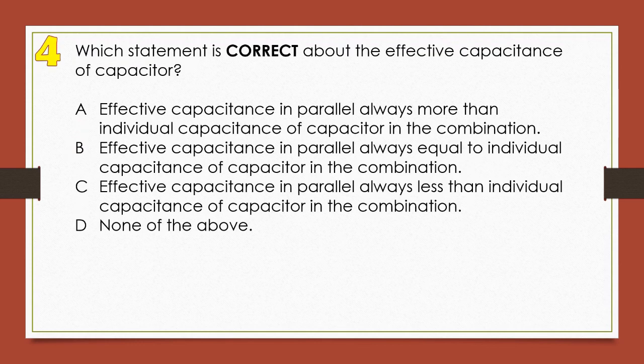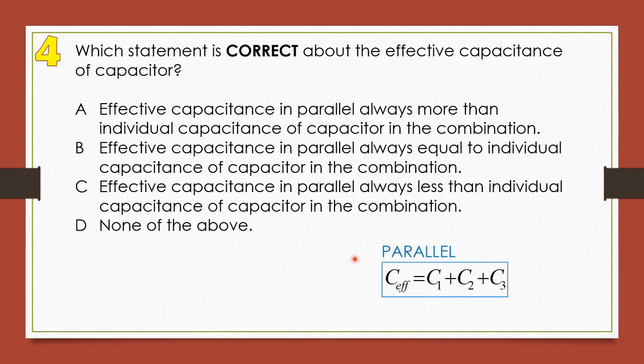For question number 4, which statement is correct about the effective capacitance of capacitors? Because this is a parallel arrangement of the capacitors, to calculate the effective capacitance, we just add all the capacitances inside the circuit. So if you look at the choices, it is all about the parallel arrangement.